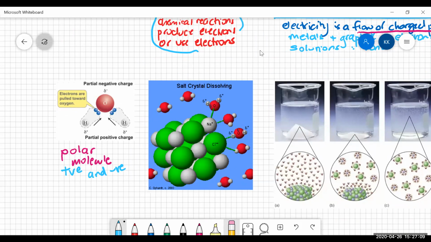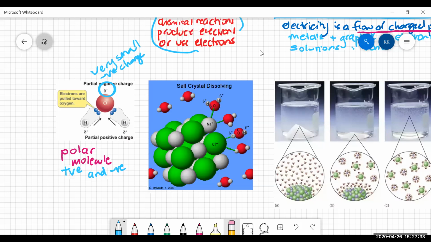This little delta minus here means very small negative charge. And the oxygen in the water has a very small negative charge because the electrons get pulled toward the oxygen. Much more about this next semester.